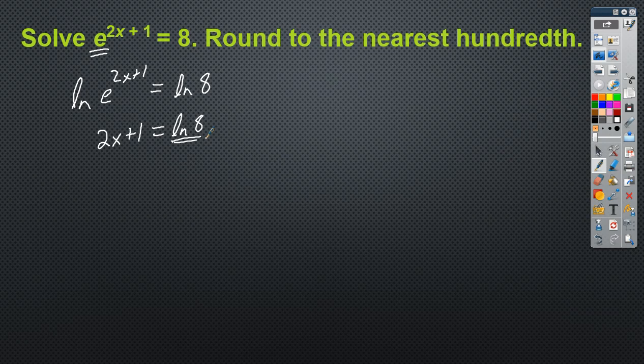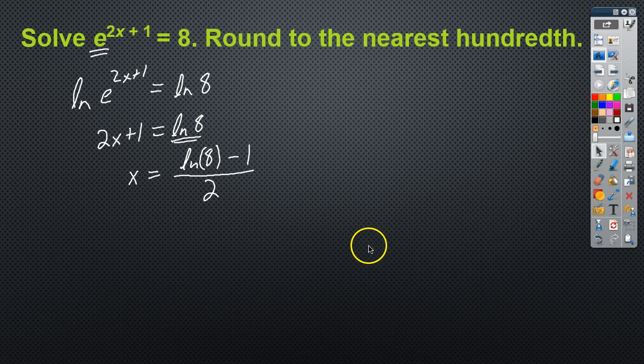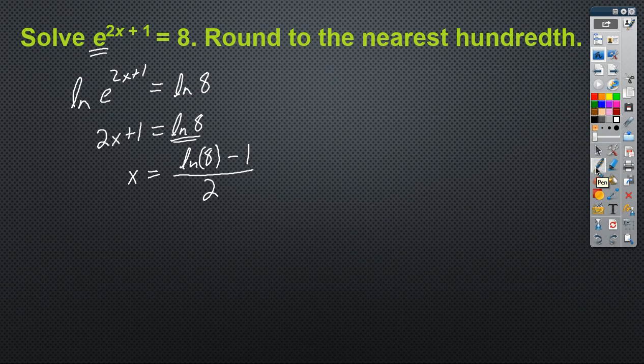So if I subtract 1 from each side and divide by 2, I get x is equal to the natural log of 8 minus 1, all divided by 2. When I put that in my calculator, I get 0.539, but they want to round to the nearest hundredth, which means it's going to be 0.54.